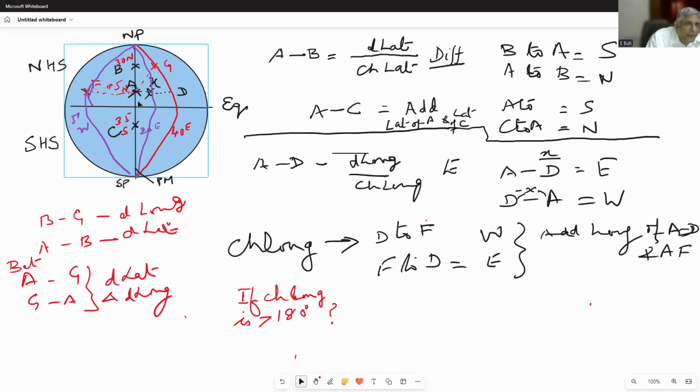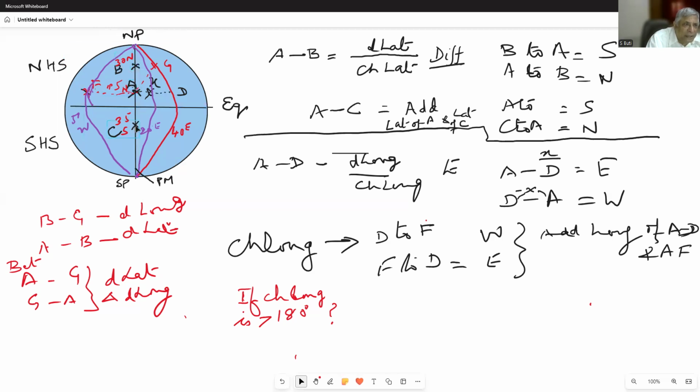The maximum latitude of a place can be 90 degrees north, or here 90 degrees south, that is the South Pole. Whereas maximum longitude of a place can be 180 degrees. 180 degrees east, you will reach the anti-meridian, or 180 degrees west, and you will reach, again, the anti-meridian. 180 east and west is called anti-meridian of the prime meridian or the Greenwich meridian.